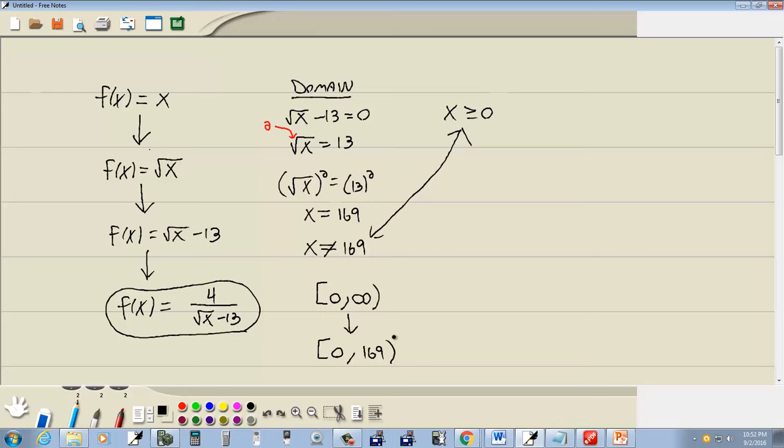Parentheses means it does not include it. Union, and then I'll go from 169 to positive infinity. Again, by having the parentheses on 169, that means it excludes it. So this right here is our interval notation for the domain.